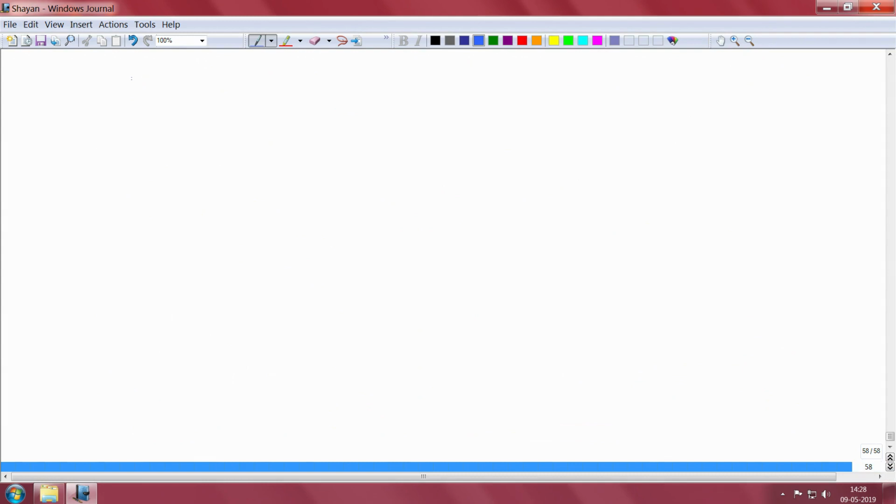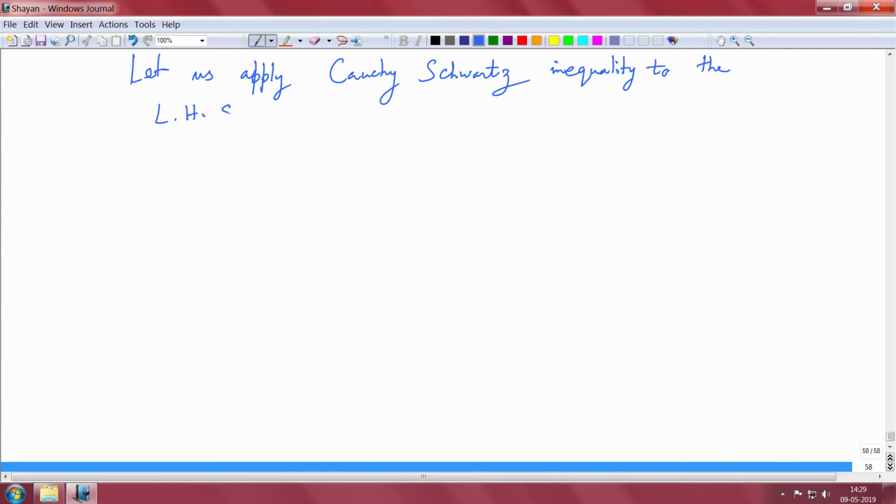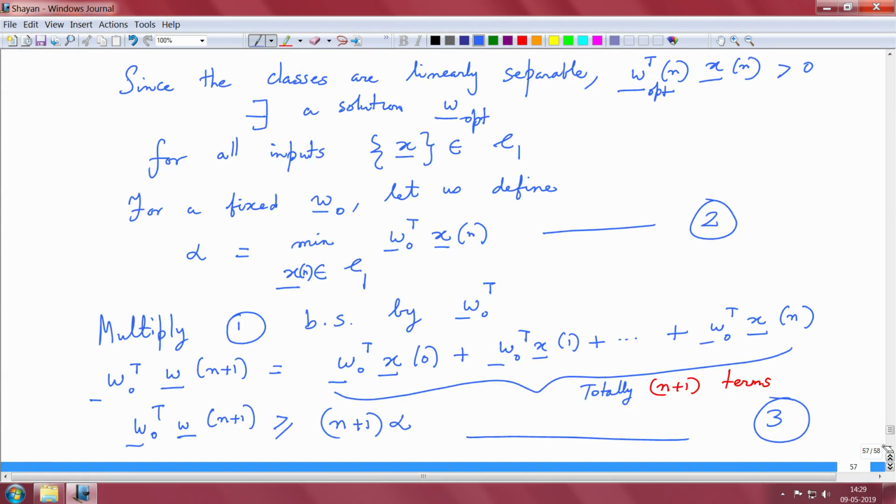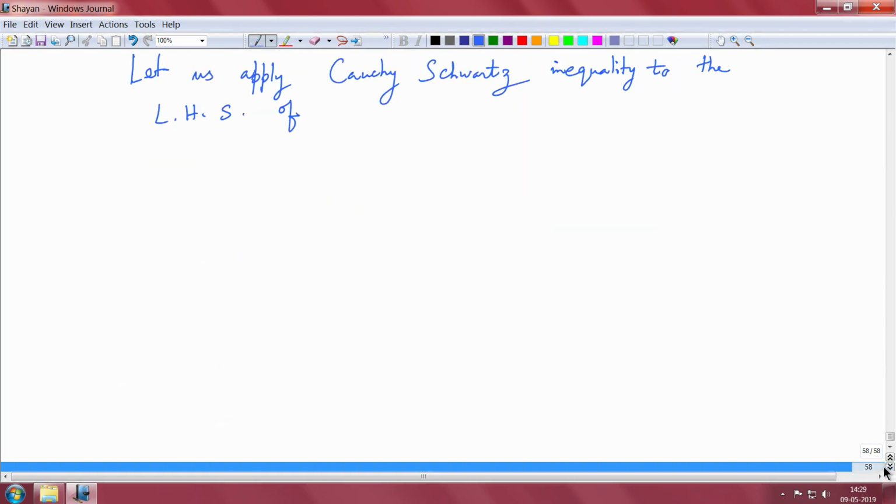Let us apply the Cauchy-Schwarz inequality to the left hand side of the equation that we wrote last, W_O transpose W_{n+1}.